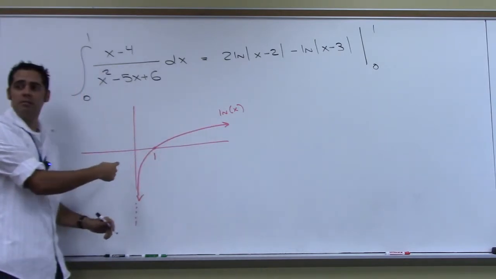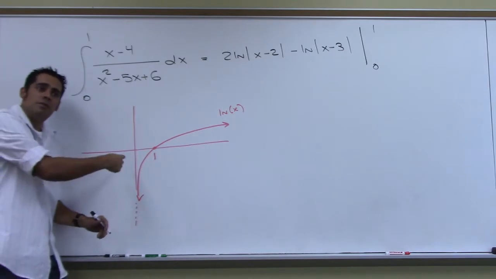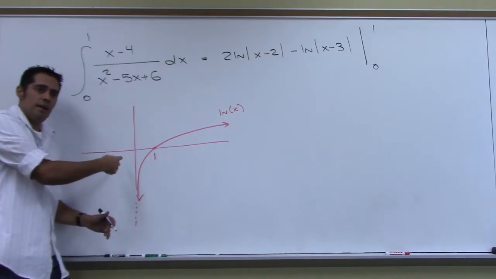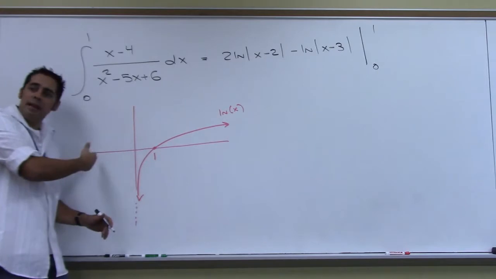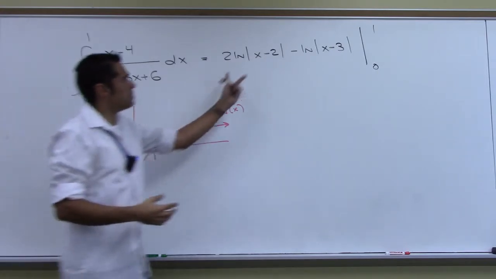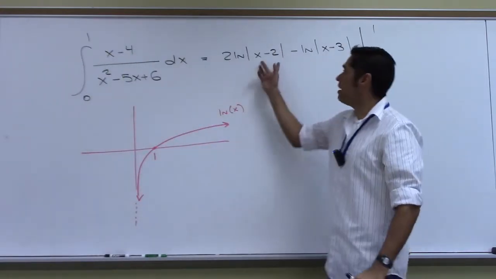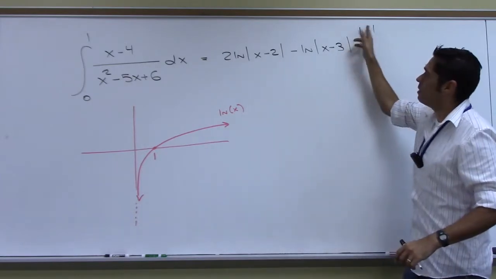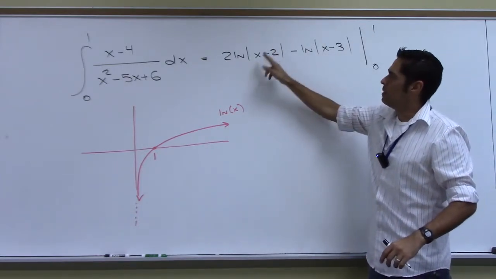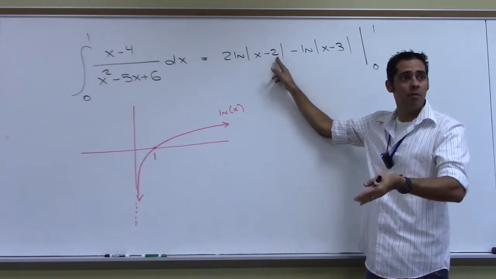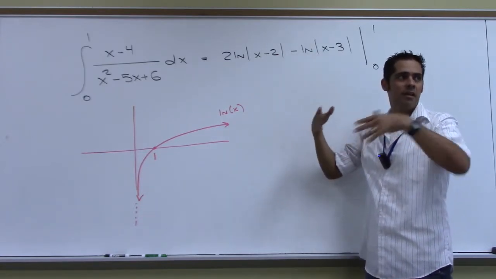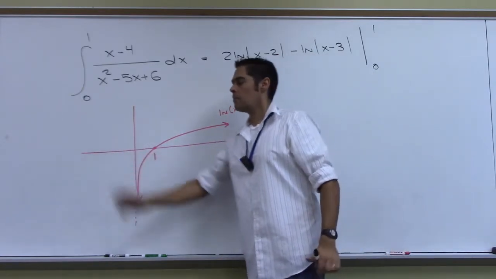Not including 0. You cannot plug 0 into the natural log function. It's undefined. You can't plug negatives in. So these absolute values are going to save us when we try and plug 1 in here, right? It would be 1 minus 2, which is negative 1. And if we didn't have the absolute value there, we can't even do it, right?